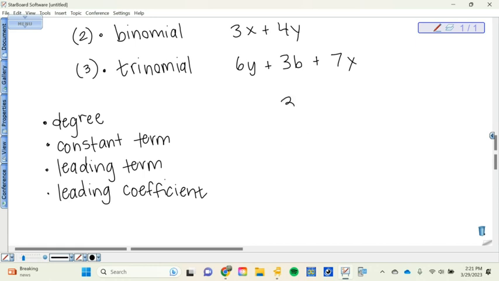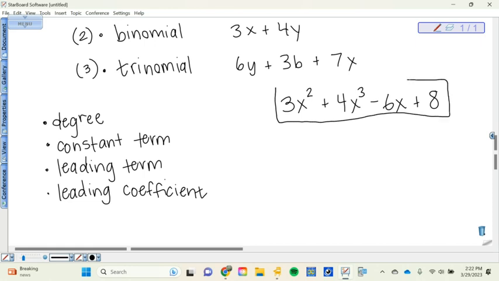So, okay, this is a polynomial. Is it a monomial? No. Is it a binomial? Is it a trinomial? No. No, it's just a polynomial. There's 4 terms.